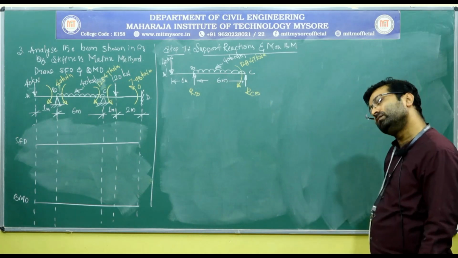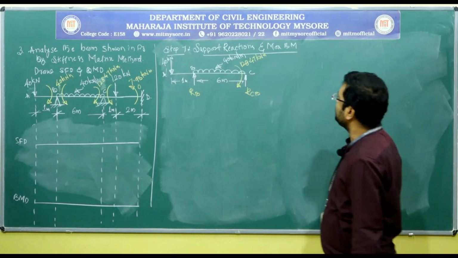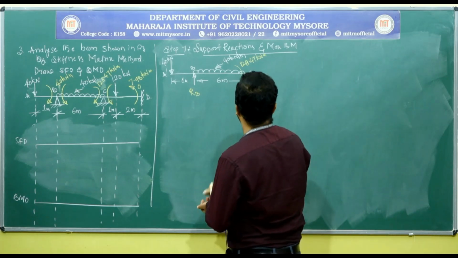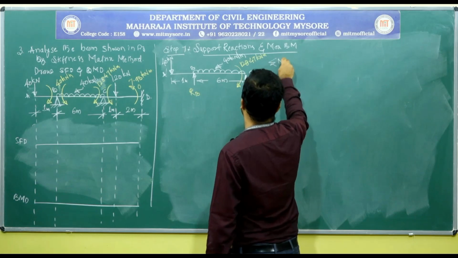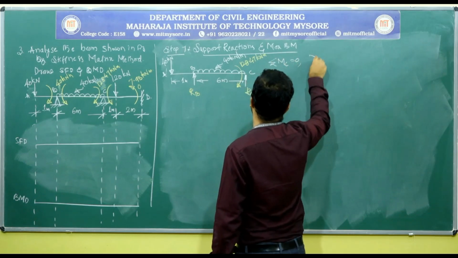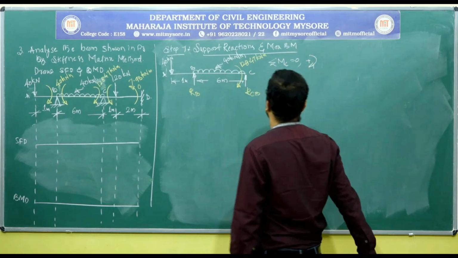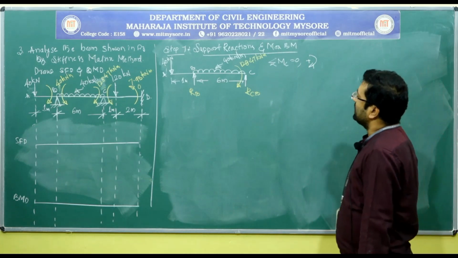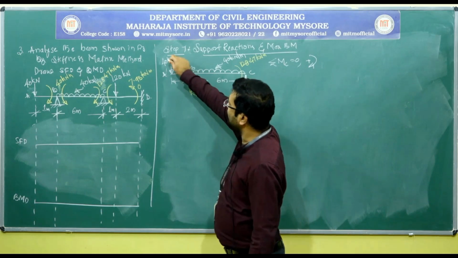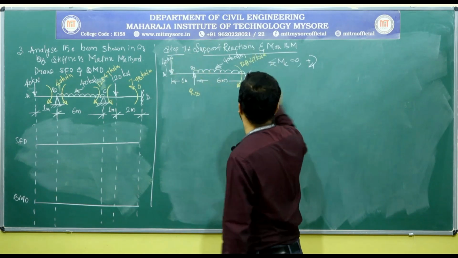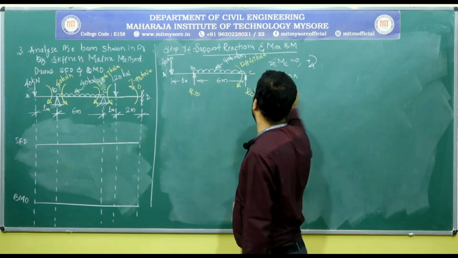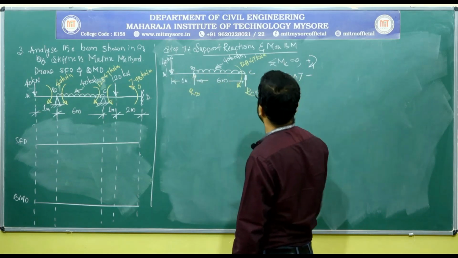Now to calculate these values, I will take moment about C and equate it to 0, assuming clockwise forces or moments as positive. Here you can see this 40 kilonewton creates an anti-clockwise moment, so it is minus 40 with respect to C, at about 7 meter.